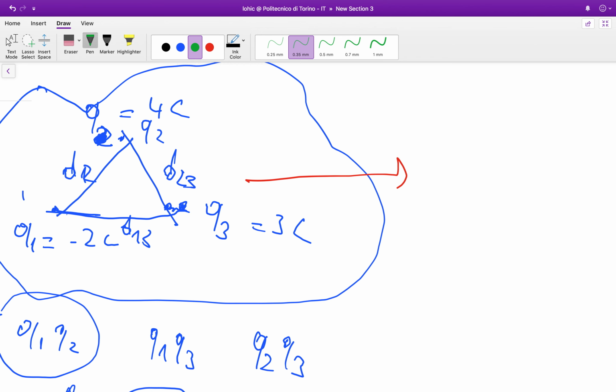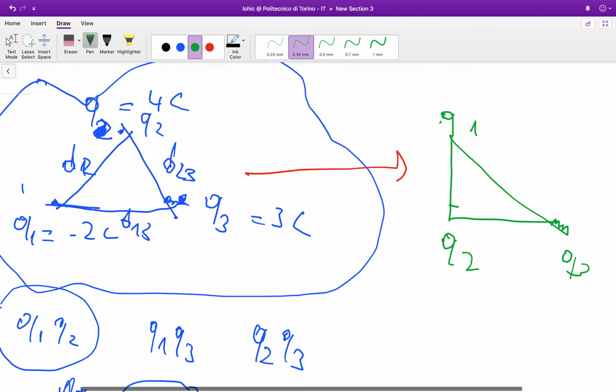Now this is Q2, Q3 and Q1. Now look, the system flipped from one configuration to another.